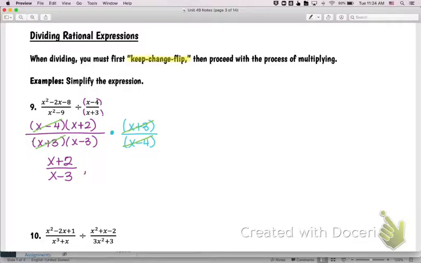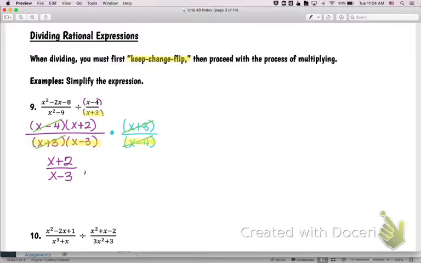Now, excluded values are a little bit trickier because we have to look in two places. Anywhere in the process that you would have divided by 0 would be bad. So the x plus 3 that was originally in the denominator was bad. The x plus 3, x minus 3 is bad. And then also now the x minus 4 is bad because we flipped our fraction over.